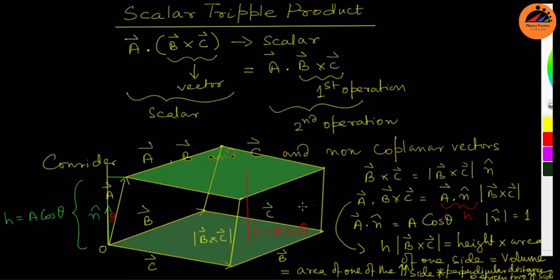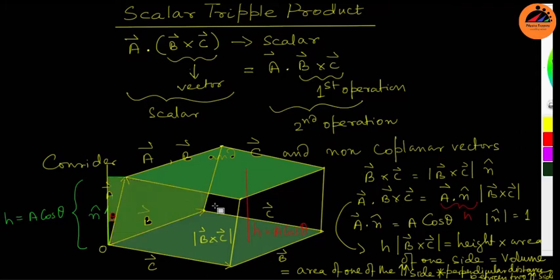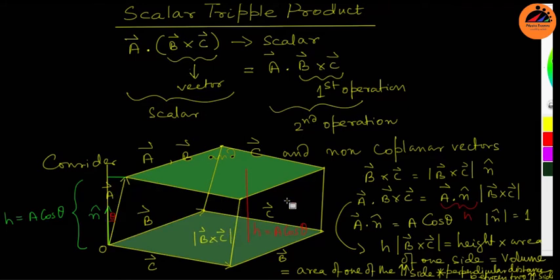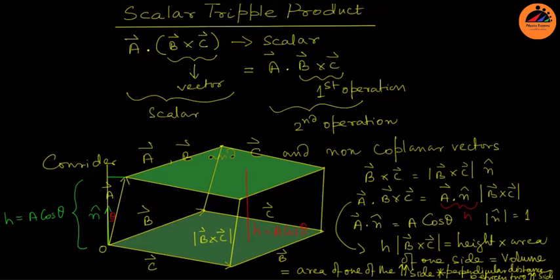This is called the scalar triple product. What I shall do is show that A dot B cross C is basically A cross B dot C. You will be doing that using the rule of determinants.